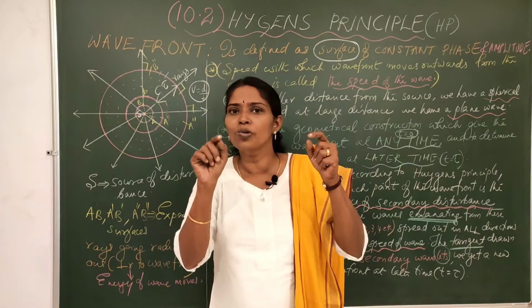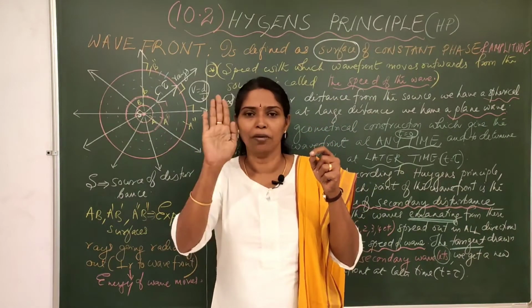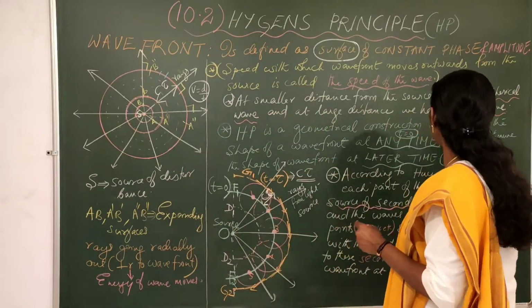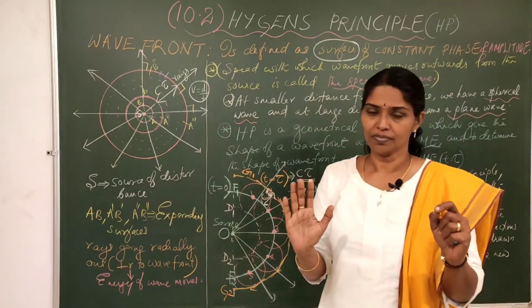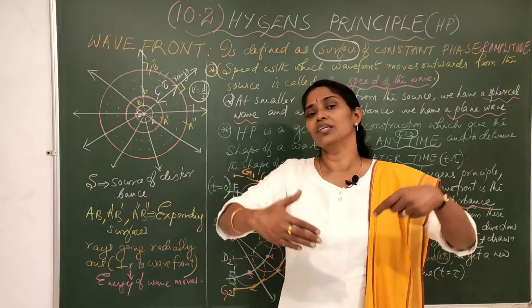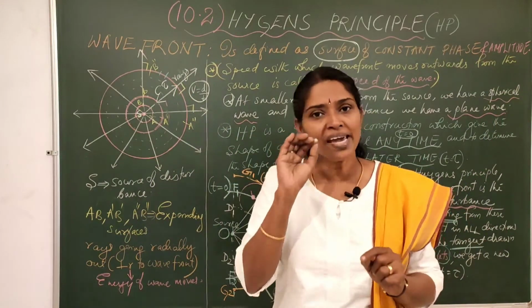Take a small portion or area of that, it feels like plain paper, a plain surface. So it comes out to be a plane wave. So initially it was a spherical wave at shorter distance. When it goes to longer distance, that spherical wave comes out to be a plane wave.